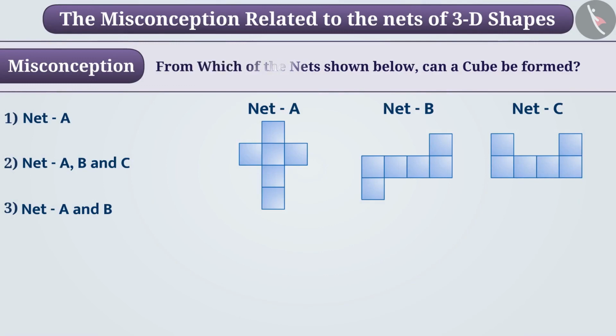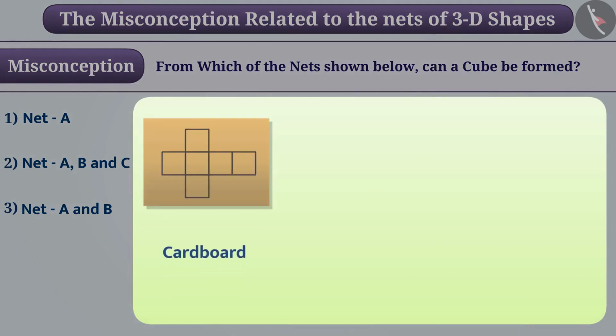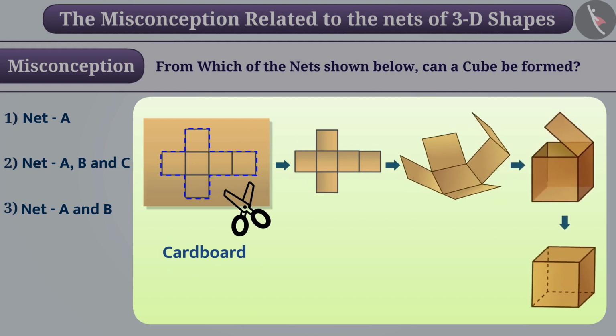They are unable to answer the given question. To overcome this problem, one should try to make a three-dimensional shape by drawing and cutting the net on paper or cardboard. While doing this, care should be taken about which face of the net is being arranged in a three-dimensional shape.